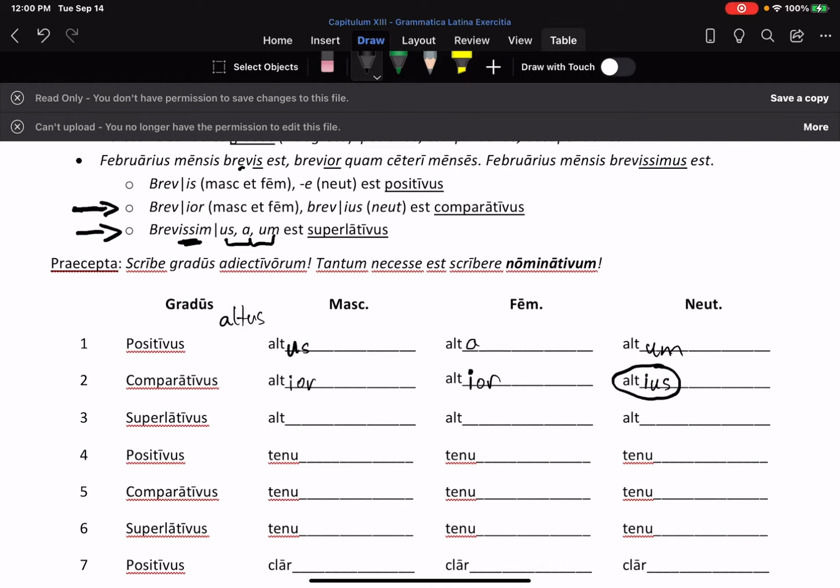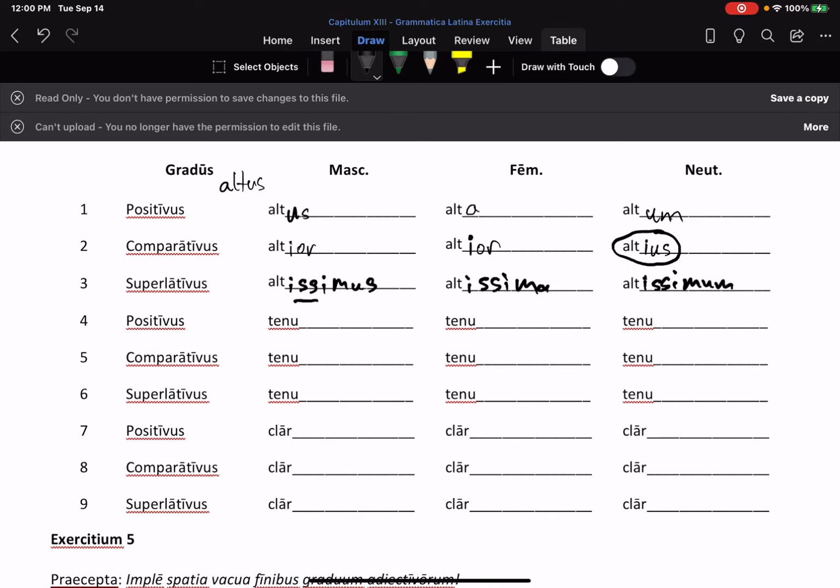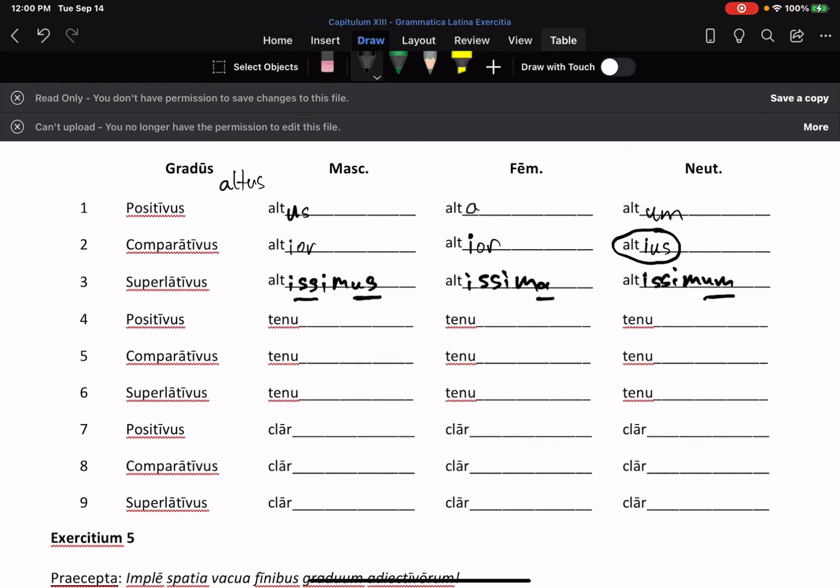And then for the superlative, altissimus, altissima, and altissimum. Right, okay. So we have the double S, and then we have the us, and the a, and the um: issimus, issima, issimum.